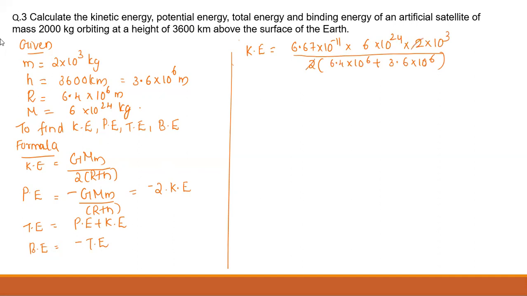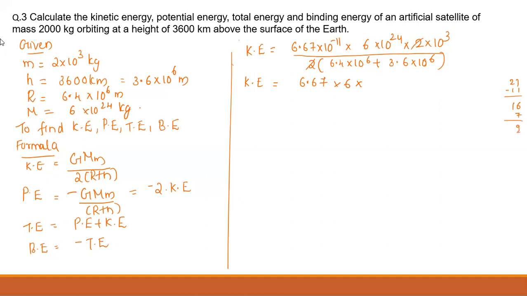10 raised to 7, when we take it to the numerator, it will become 10 raised to -7. So 6.67 into 6 into 10 raised to 24 plus 3 is 27. 27 minus 11 is 16, and the denominator we got 10 raised to 7, so in the numerator it will become -7. 16 minus 7 is equal to 9.